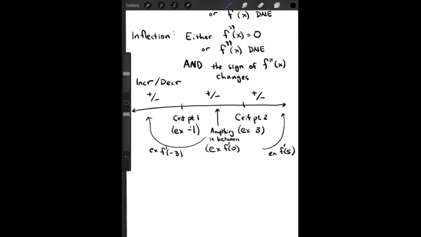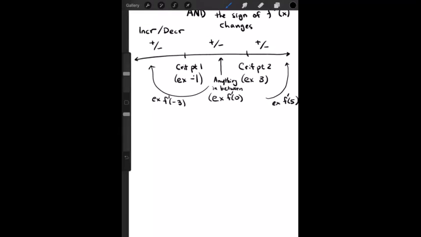Concave up and concave down is the exact same process, except you're doing it with the second derivative. Except it's not quite as convenient.